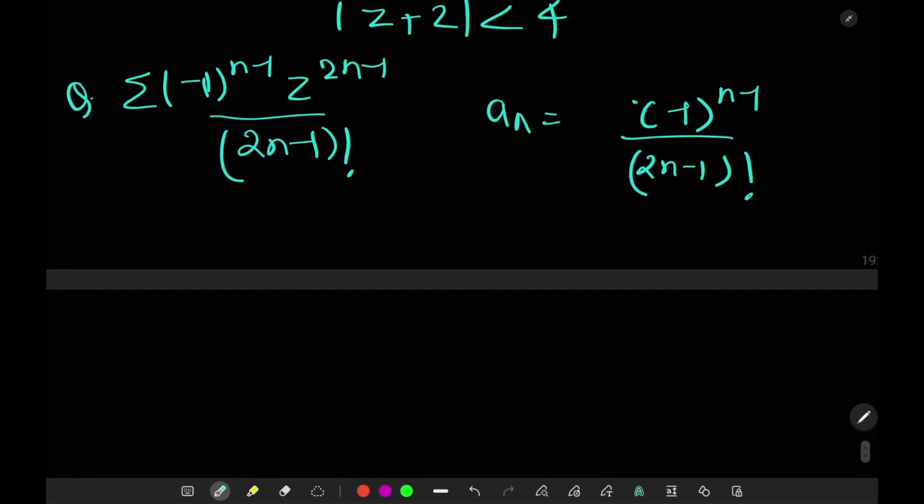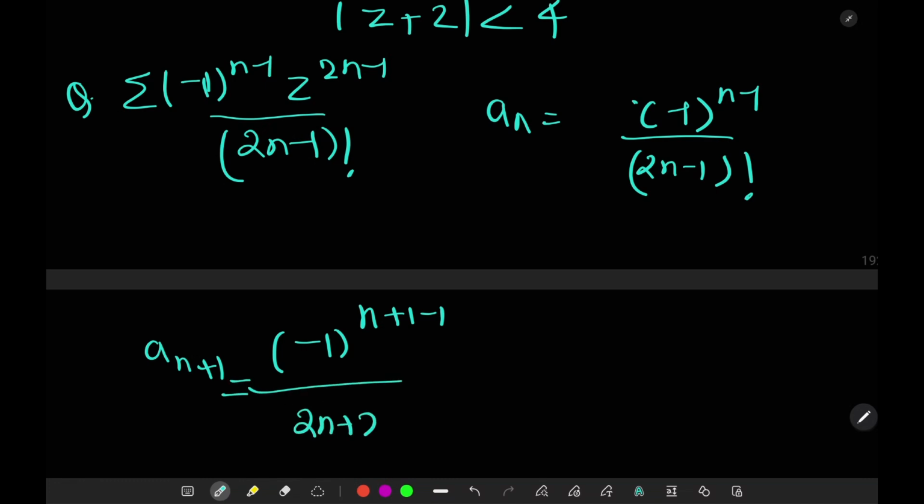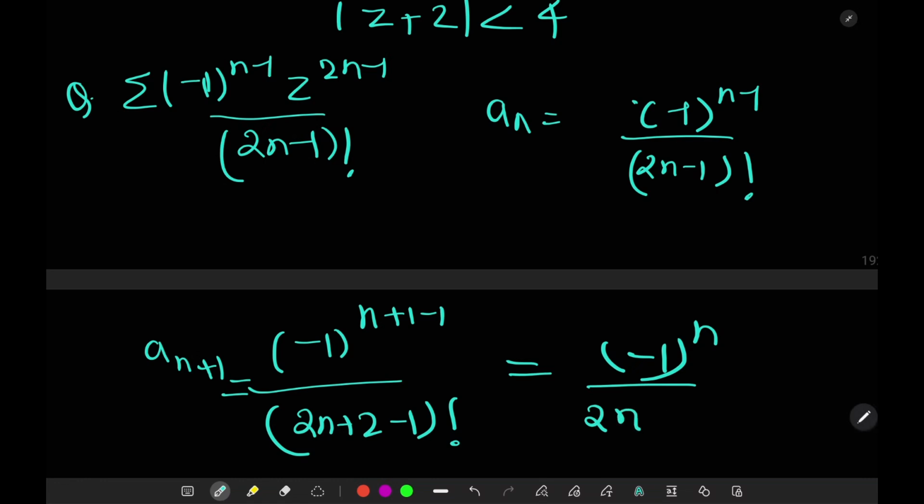Here we need to put n = n+1. So we get this value, 2n, this equals (2n+1)!.